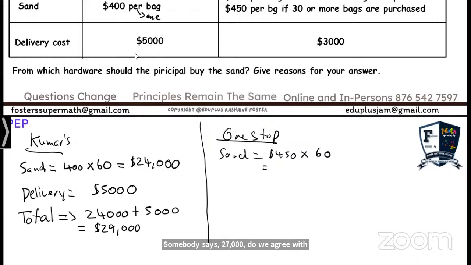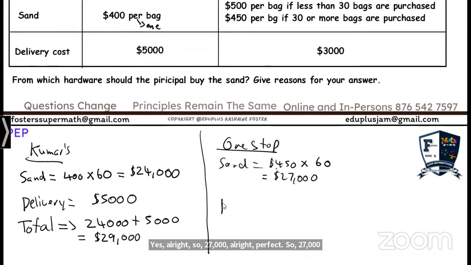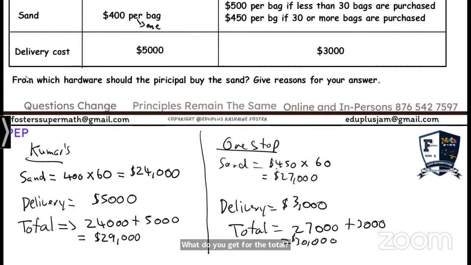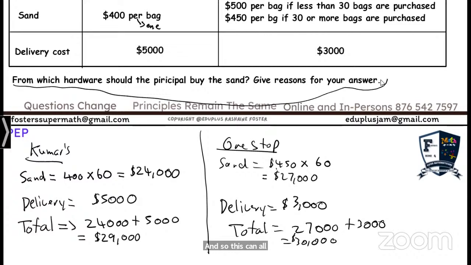Yes, all right, perfect. So 27,000. And then what else do we have to pay? We also have to pay for the delivery. How much is the delivery? $3,000. All right, so total now. What do you get for the total? 30,000.